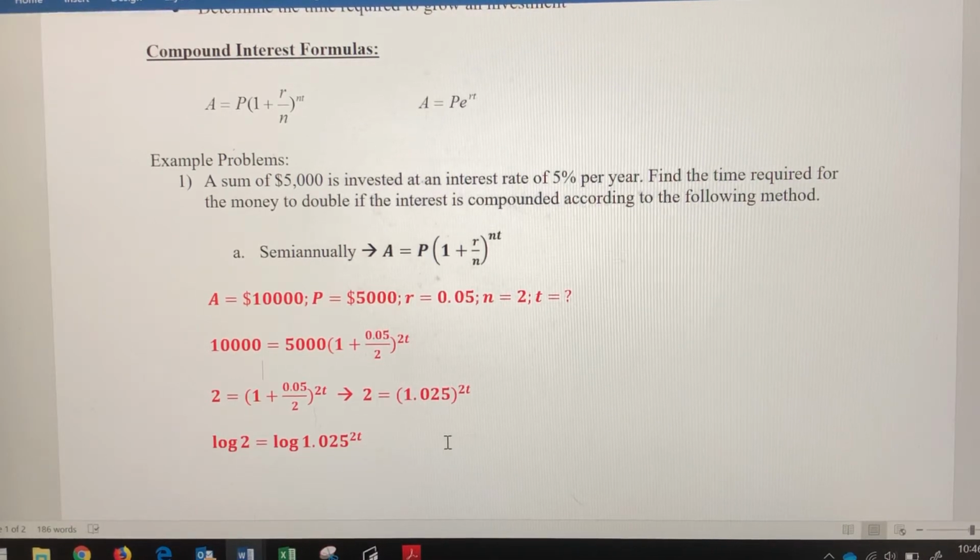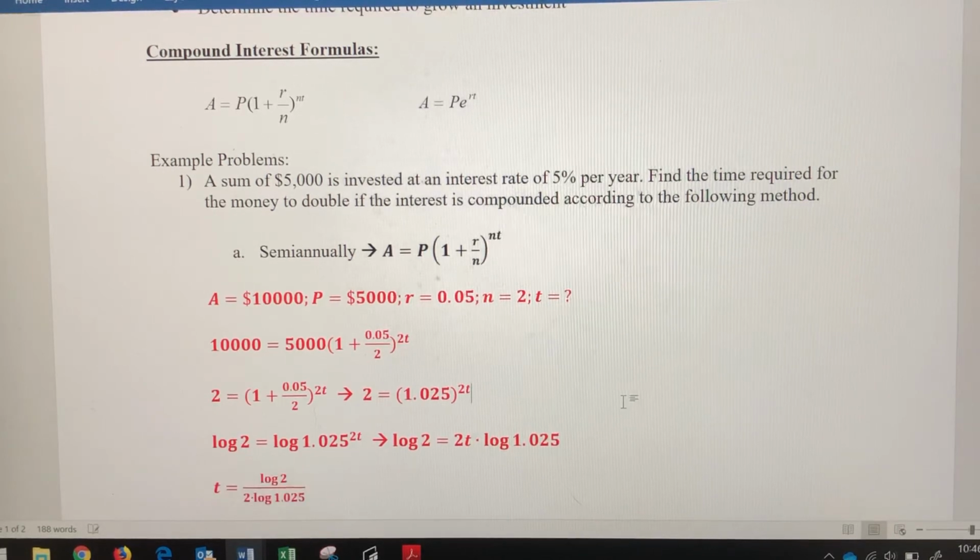Now I'm going to use the power property to get the 2t down in front of this logarithm. Left side stays the same. Using the power property, the 2t becomes the coefficient. So 2t times log of 1.025. Now, we want to get t by itself, and to do that, I'm going to divide by 2 times log of 1.025.